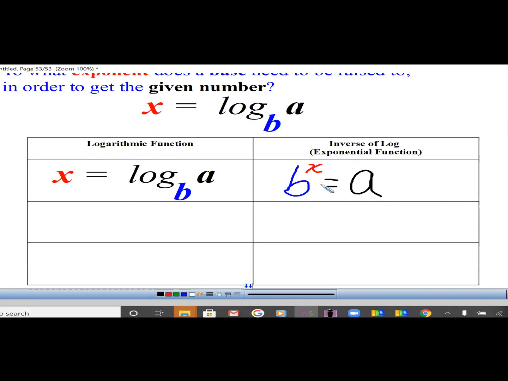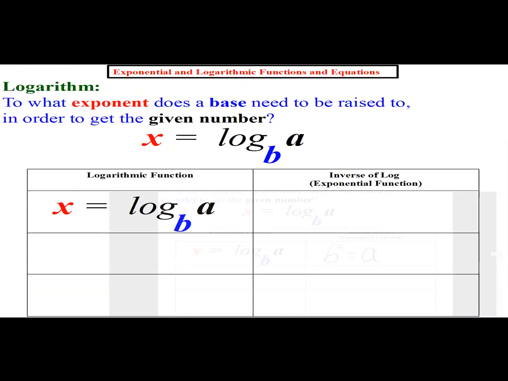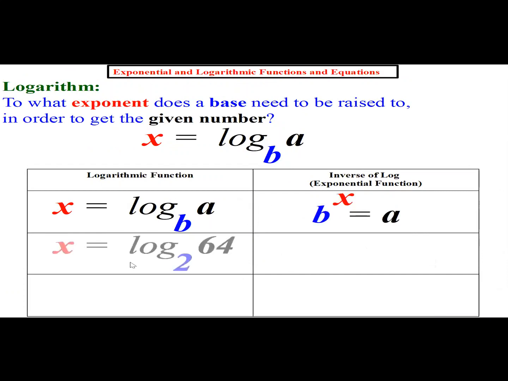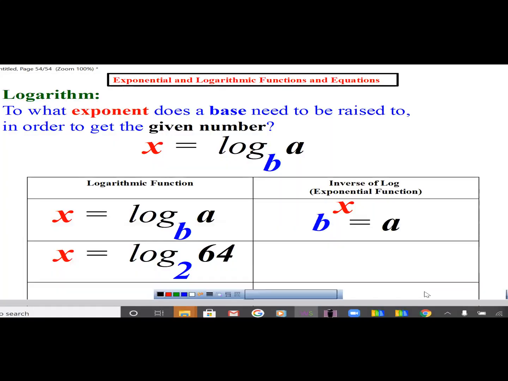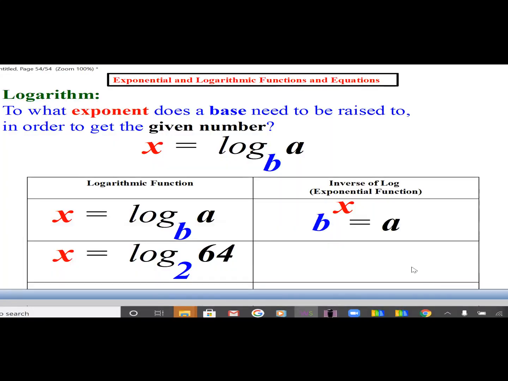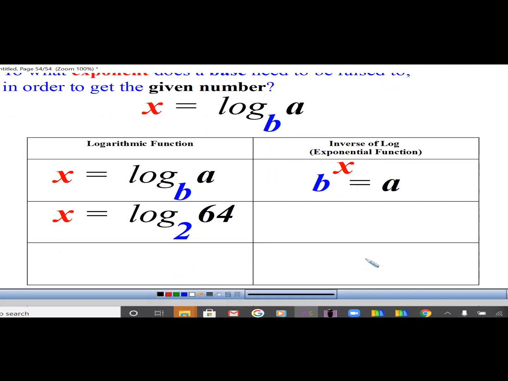Yes. All right, now let's look at this through the lens of using numbers. Let's see how it looks with numbers. Copy this one. X equals log subscript 2 of 64, with 64 as our number. So let's write that log as an exponential to make sure we identify all the components.